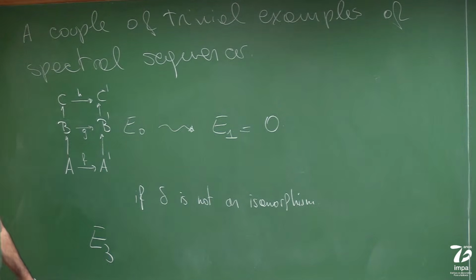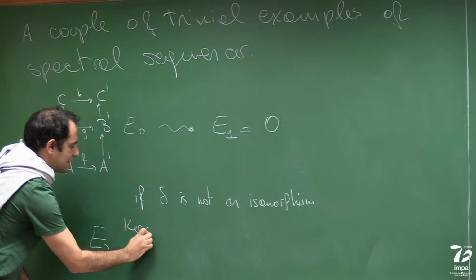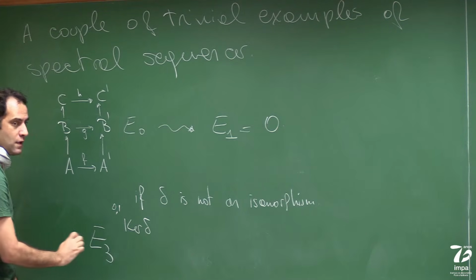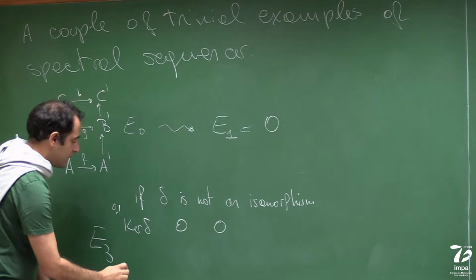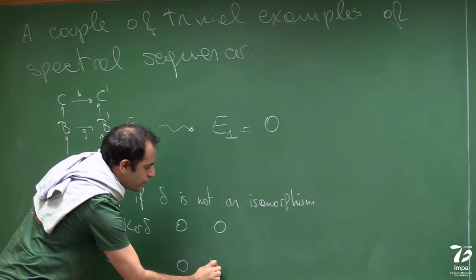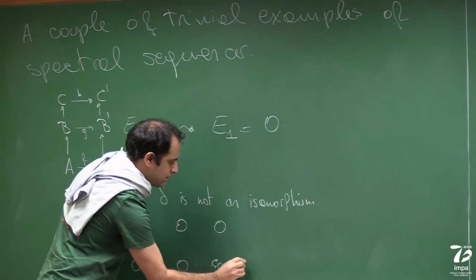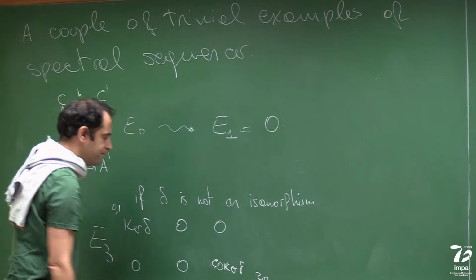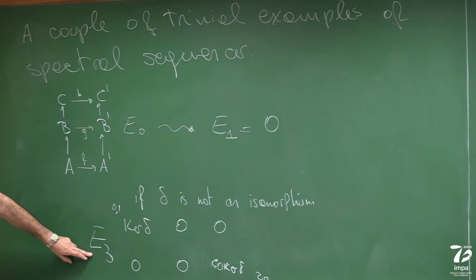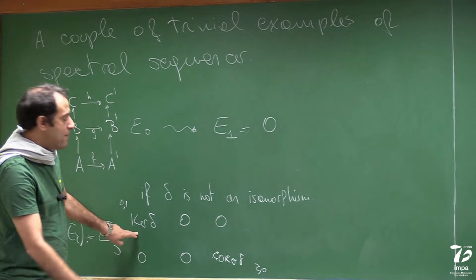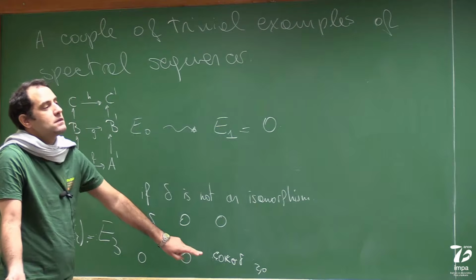Then E3 of that spectral sequence would look like the kernel of delta in that degree, with 0 here, 0 here, 0 here, 0 here, and the co-kernel of delta in degree 2. That's the E3 term of that spectral sequence. It's the homology of E2. And the only differential that I had was this delta map from here to here. Delta is the differential in E2.